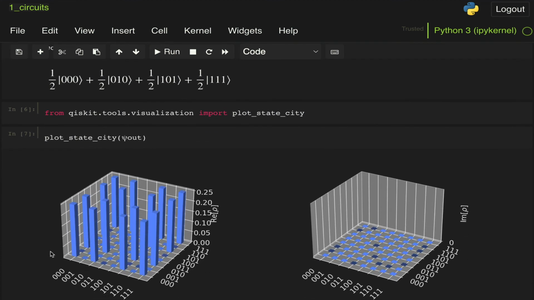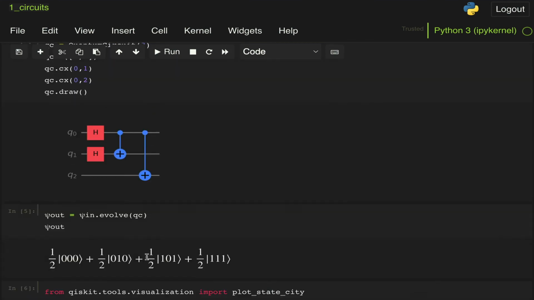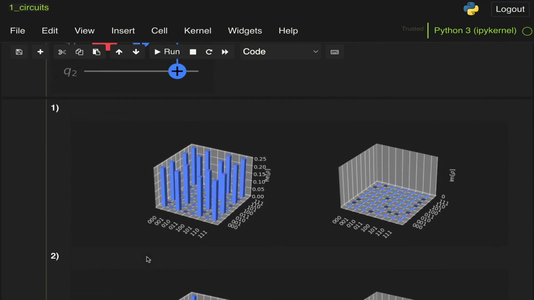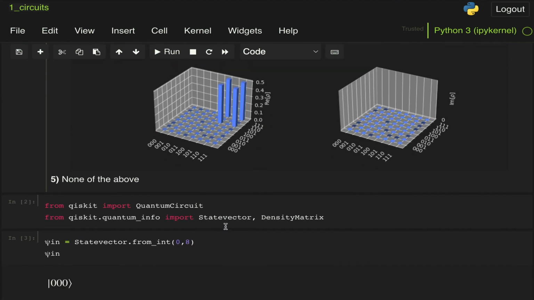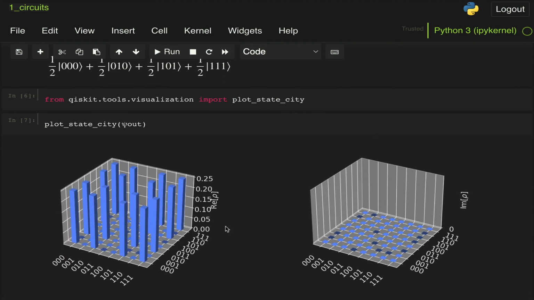And here we can see that, as we expected, our output looks just like option 1, which is what we thought was our answer after deriving this analytically.